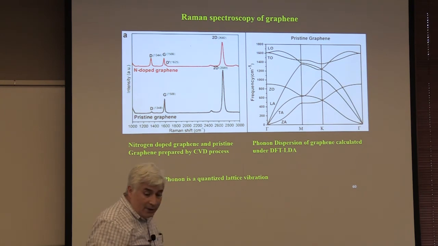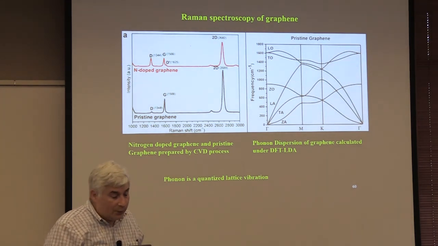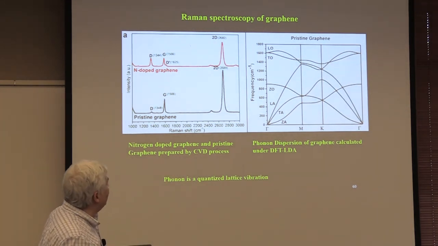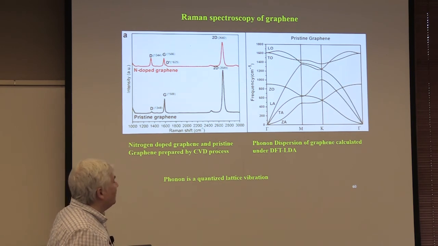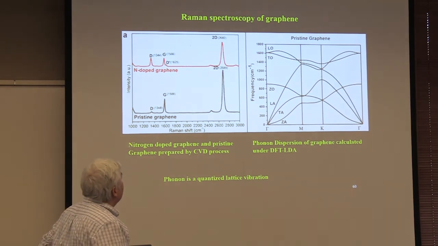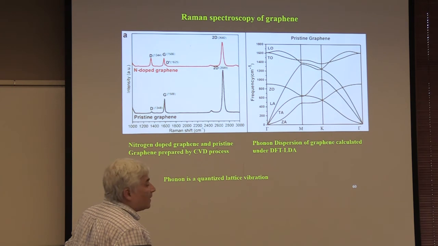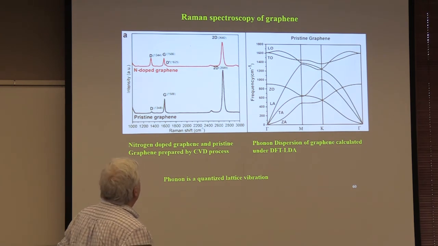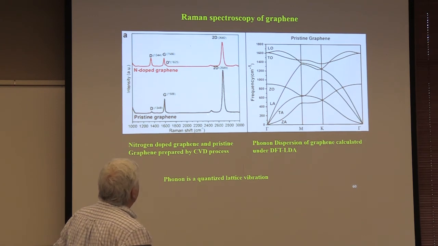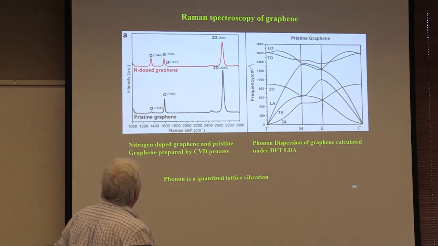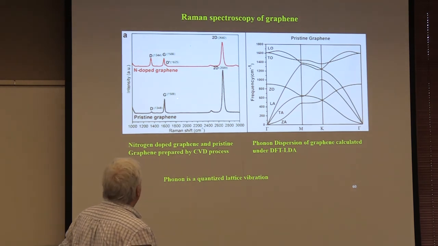And it turns out that with DFT you can calculate and make sense of experiments of the Raman spectra. This is the graphene Raman spectrum. This is the nitrogen-doped graphene spectrum.